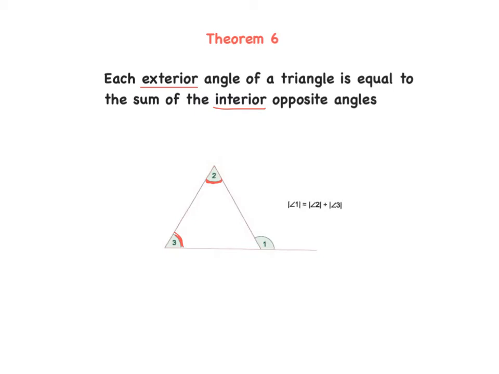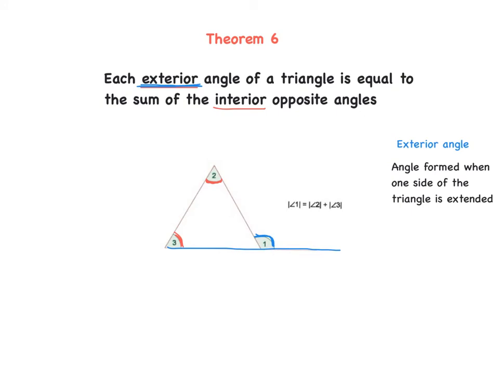And the next keyword is exterior. That means outside. Okay, so number 1 is the exterior angle, and this angle is formed when one of the sides is extended. So this side is extended, and then we'll have angle number 1, and this is the exterior angle.